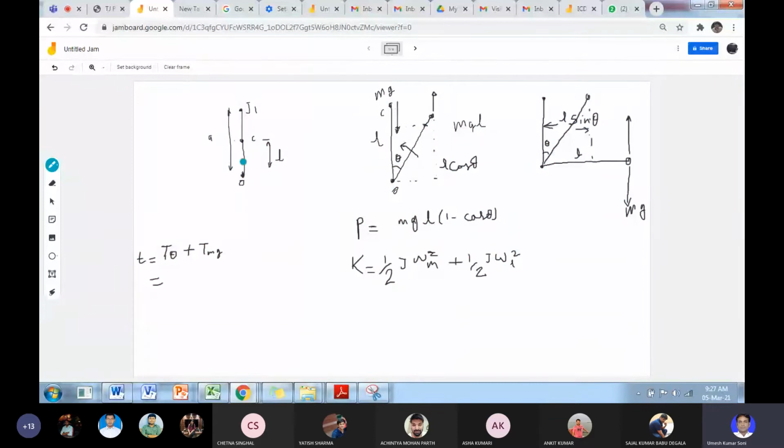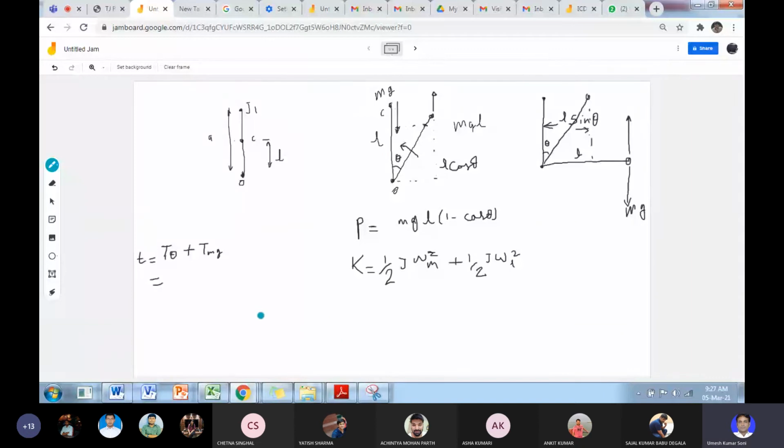you have the center of mass of a link C, and this is the origin or reference frame, and you are moving this link by theta like this. So when this link is in this position and when in this position, what will be the potential energy and kinetic energy?